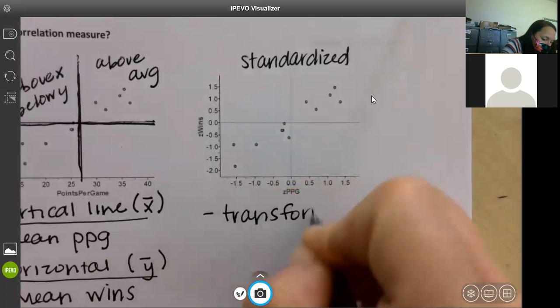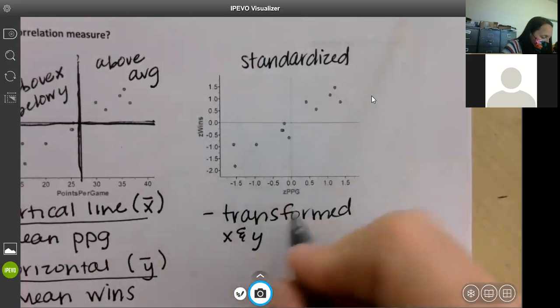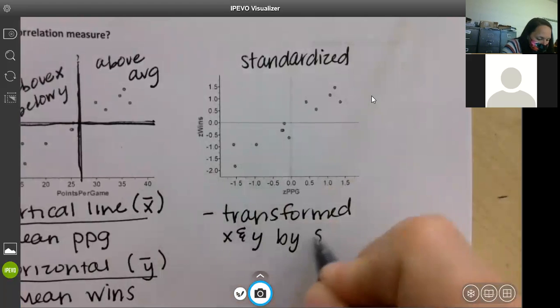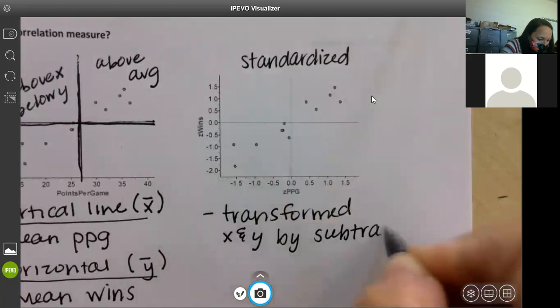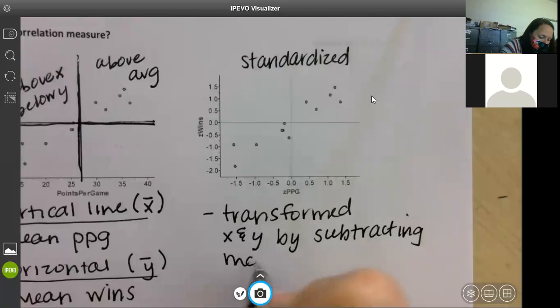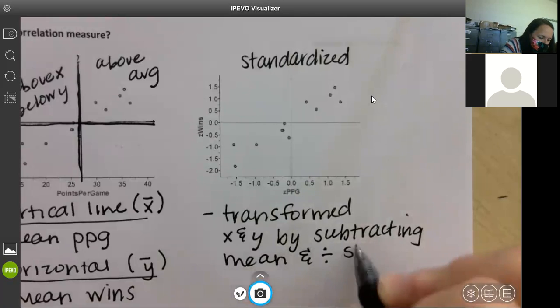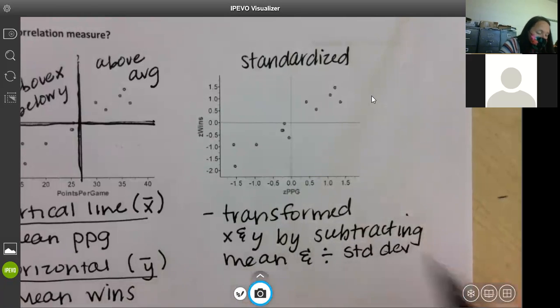So we transformed X and Y by subtracting the mean and dividing by the standard deviation. What's your formula for z-score?